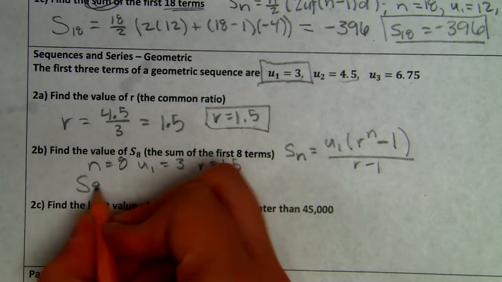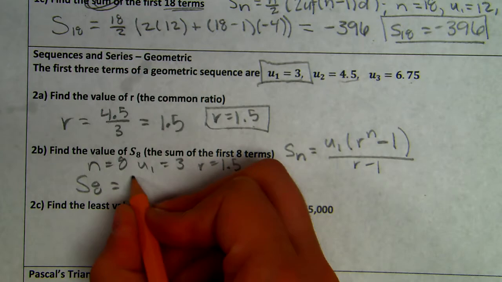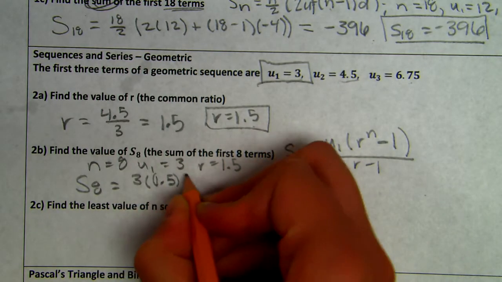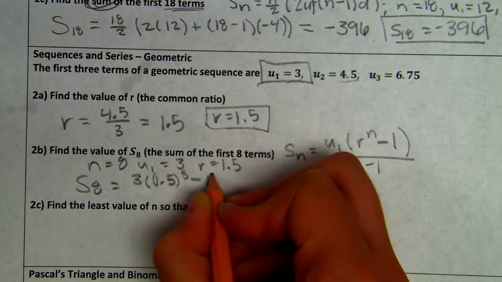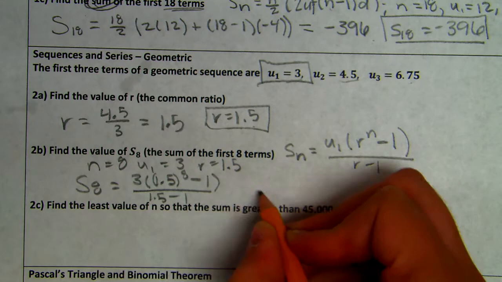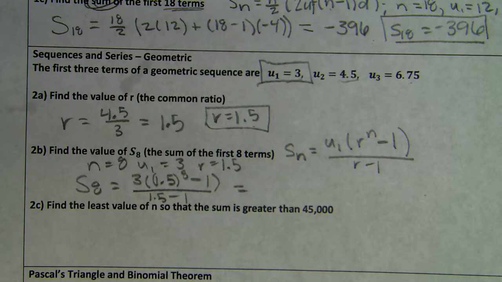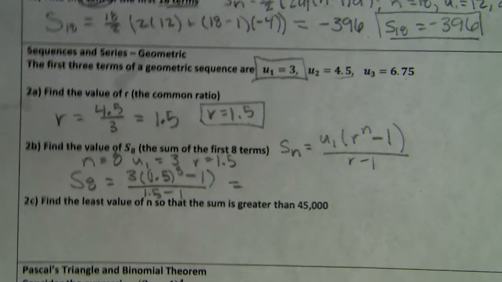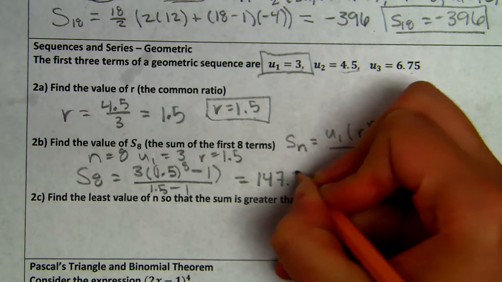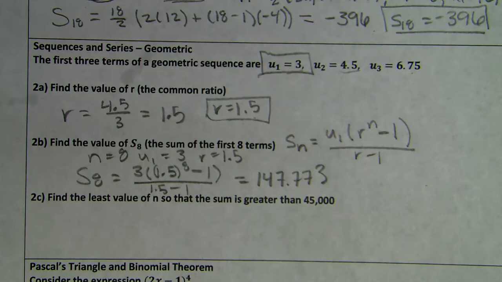The sum of the first 8 terms is going to equal 3 times 1.5 to the 8 minus 1, over 1.5 minus 1. Assuming I did this right, I got 147.773. So hopefully that is what you guys got as well. I just popped that right into my calculator.